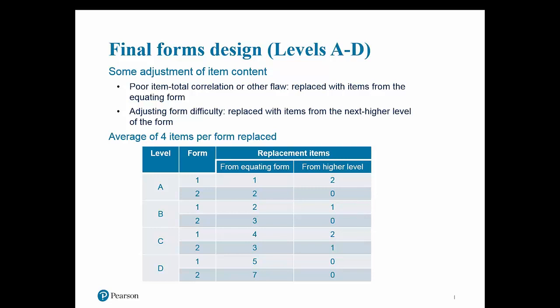And so we did pull some items from higher levels within a form into a lower form to address that problem. And you can see here that the number of items that were replaced by form between standardization and final averaged about four per form.